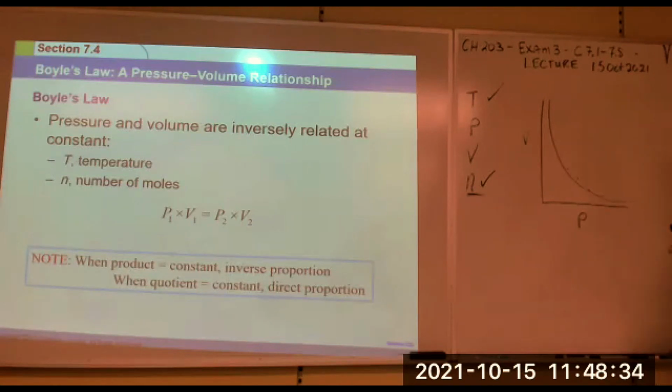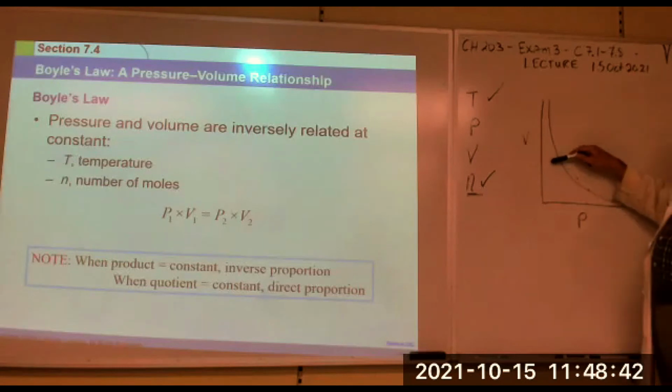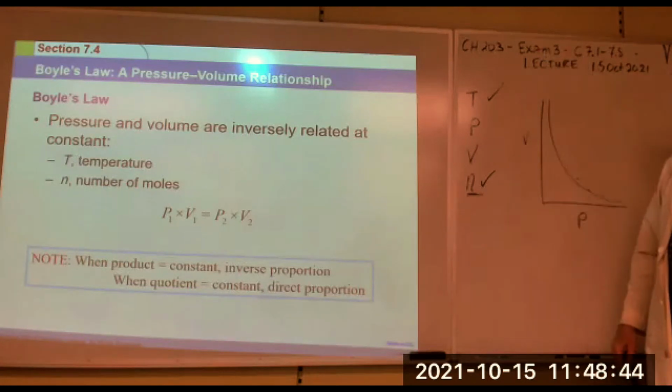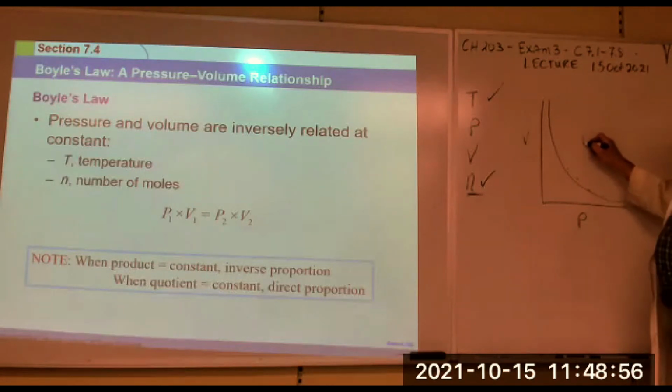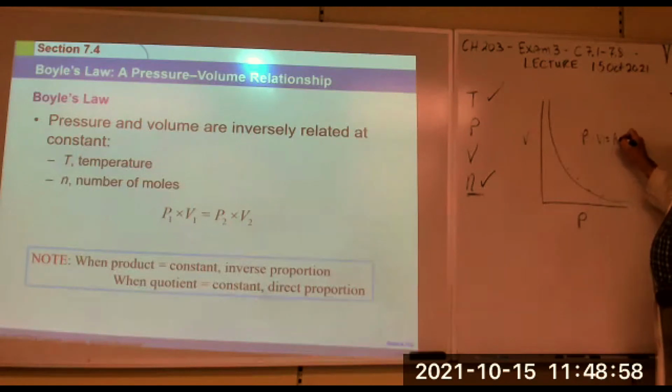A hyperbola is special. It will keep going. If you follow it far enough, it will never touch this axis. If you follow it far enough this way, it will never touch that axis either. That's characteristic of a hyperbola. And the reason for that is pressure times volume equals a constant.